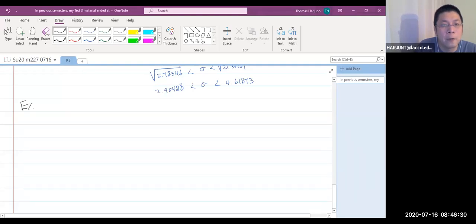Suppose for example the sample size, let's say, is 10, and the sample standard deviation is, let's say, 4.7, and we want to construct a confidence level of, let's say, 92%.